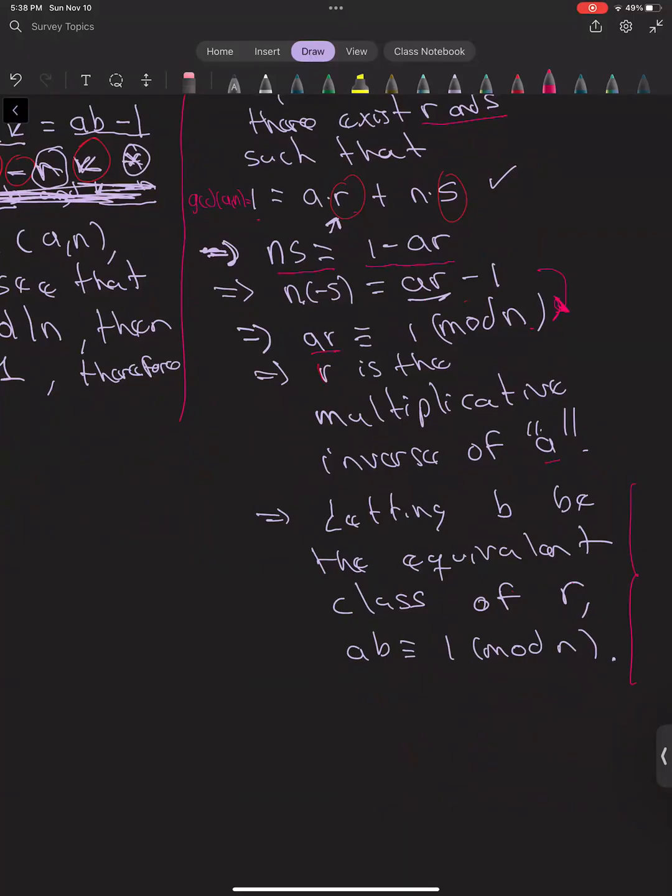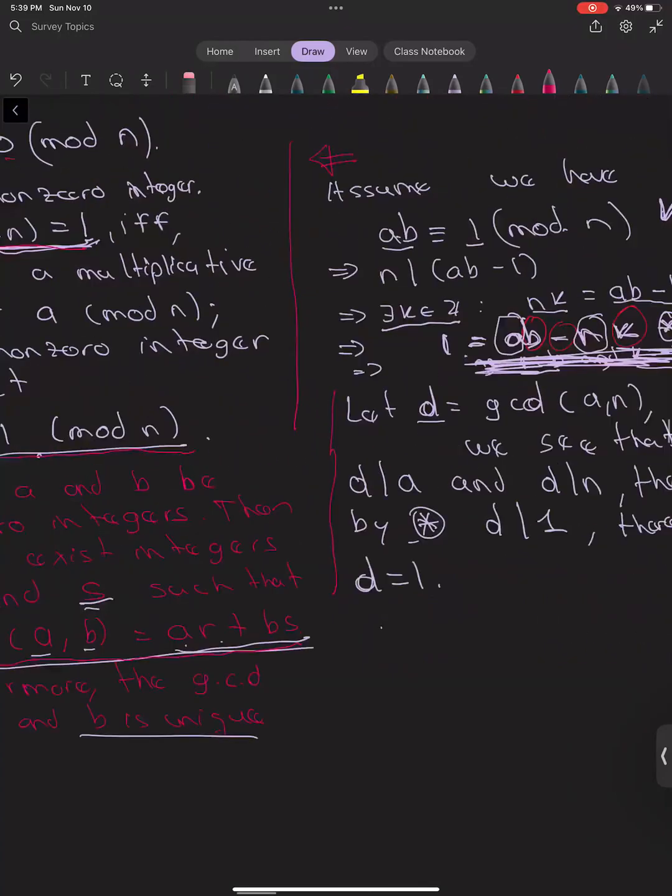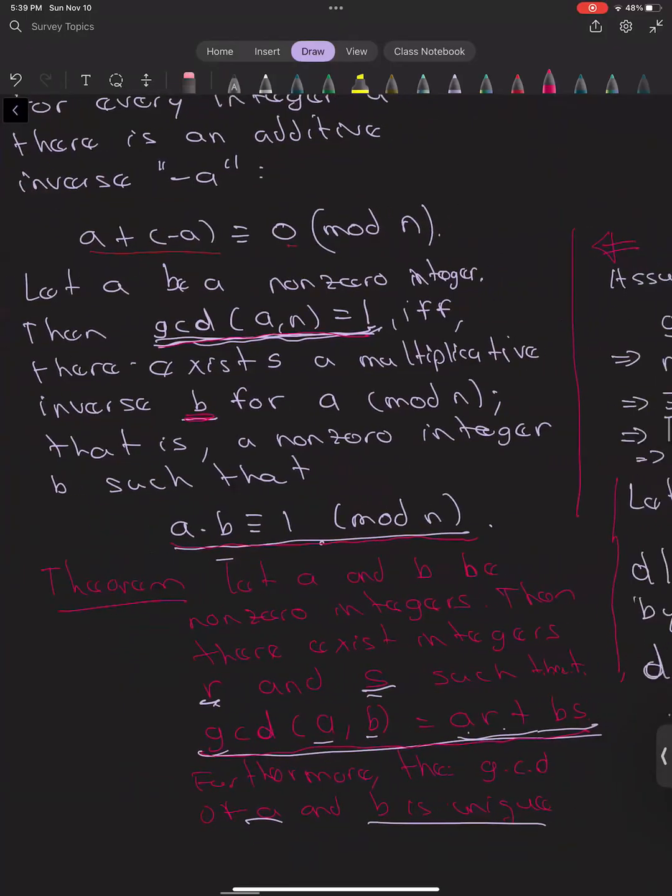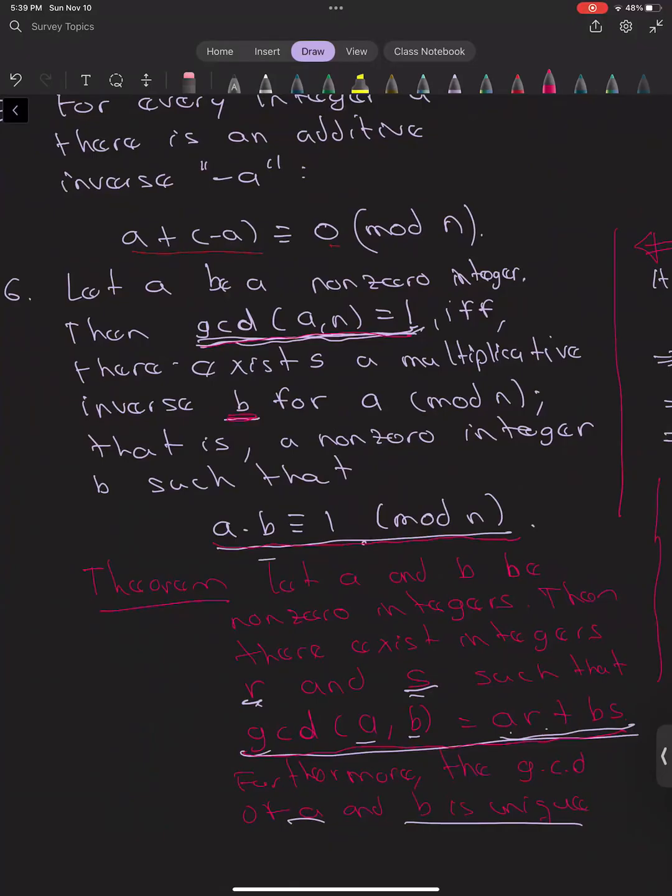Since I found an R in the integers, where R and S are integers, but I need the R in Z_n, I need to say this: letting B be the equivalence class of R, then A times B is congruent to 1 mod N. So those greatest common divisor proofs always make me check, because I think I can easily make mistakes for some reason.